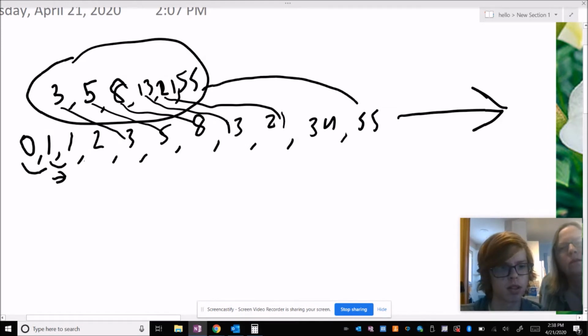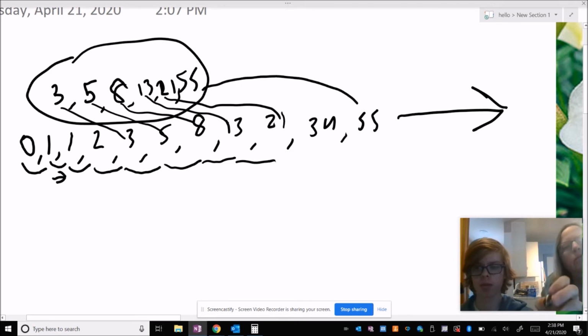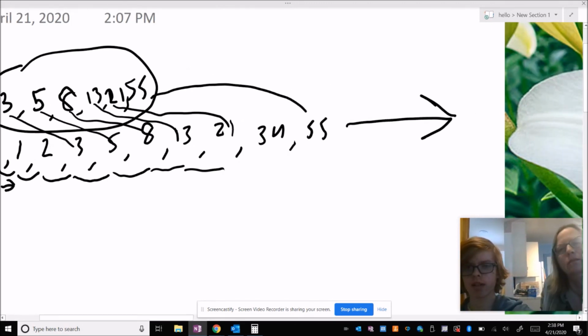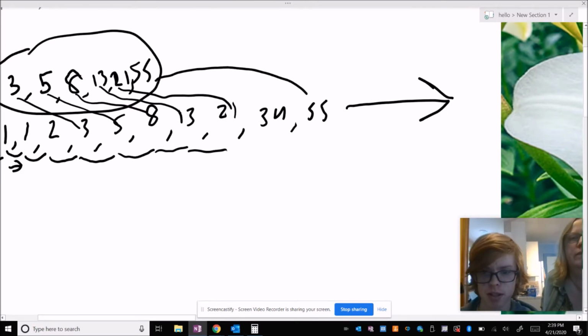So we have 1 plus 1 equals 2, 1 plus 2 equals 3, 2 plus 3 equals 5, 3 plus 5 equals 8, 5 plus 8 equals 13, 8 plus 13 equals 21, and it keeps on going along. So we can go all the way out and eventually end up with thousands and thousands.